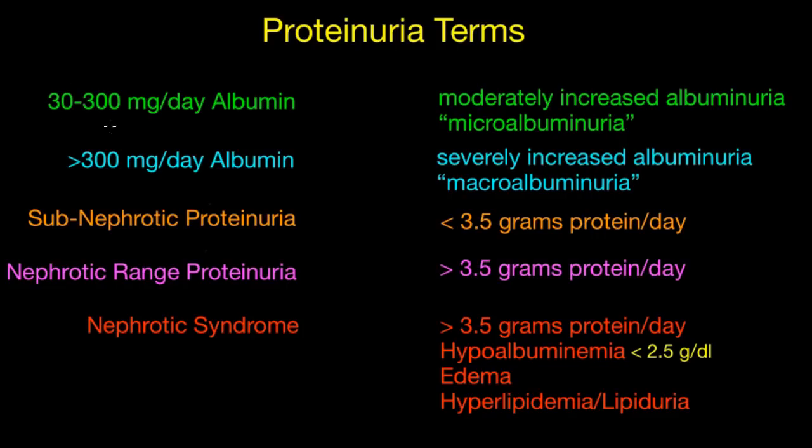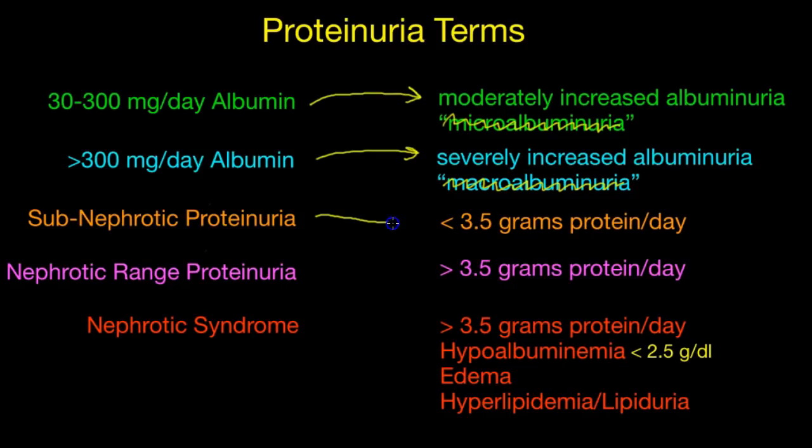If it's between 30 and 300, we call that moderately increased albuminuria. We used to call that microalbuminuria, but we're going to get rid of that term because it was confusing. Some people thought it actually was a separate protein called microalbumin. And greater than 300 milligrams per day of albumin excretion, we call severely increased.